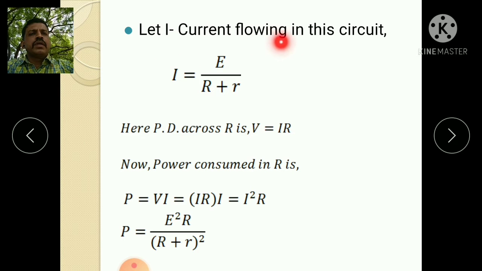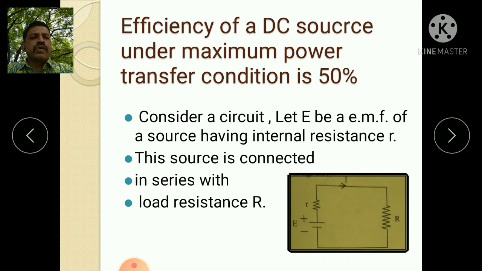Let I be the current flowing through the circuit. If we apply KVL, Kirchhoff's voltage law, to this closed loop, the resistance is r and current I flows, so I into r.